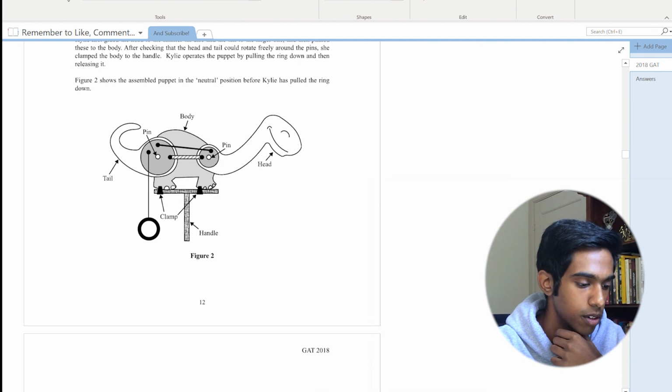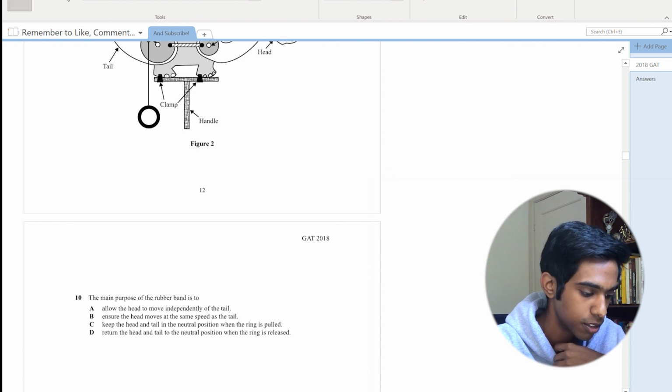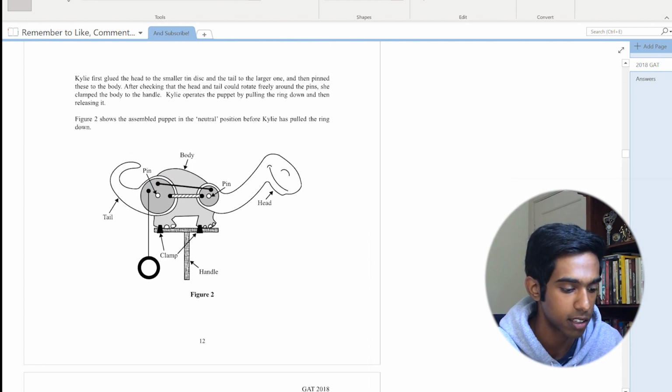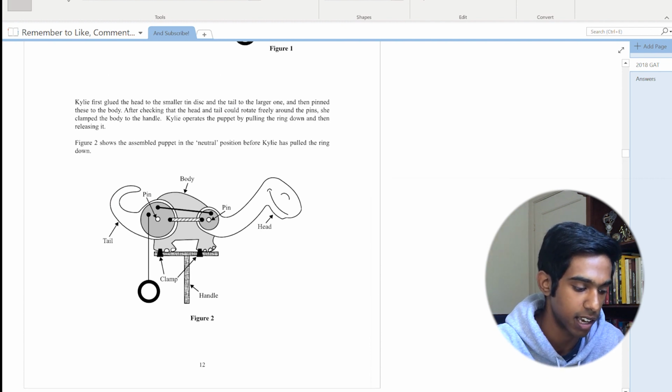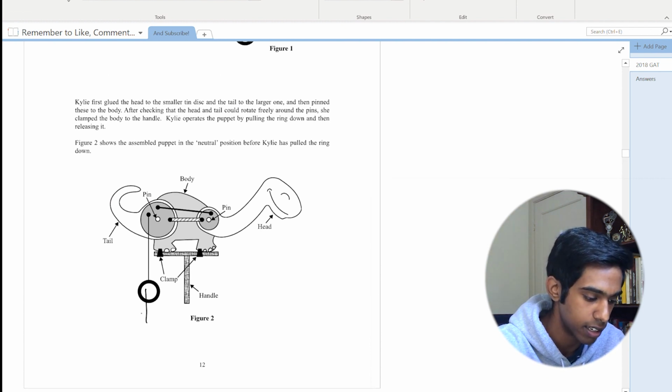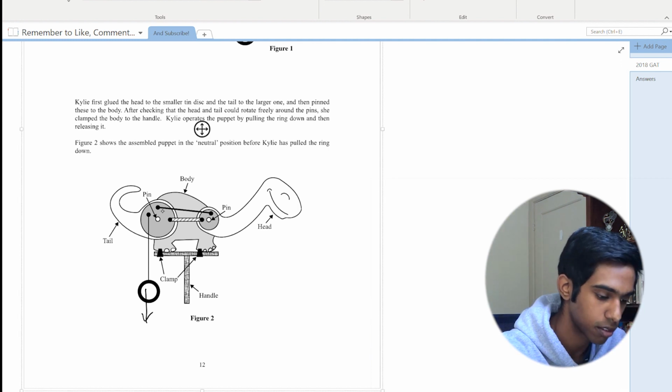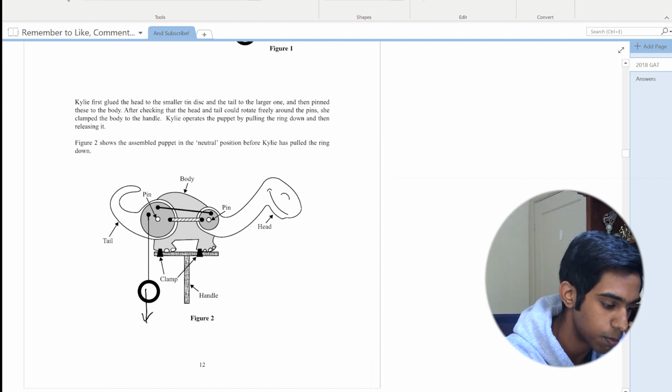And then neutral position. Okay. So the main purpose of the rubber band is, from actually looking at the diagram, what you can understand is that when you pull this ring down, this point is going to move this way, this point is going to move this way, and this point is going to move this way.